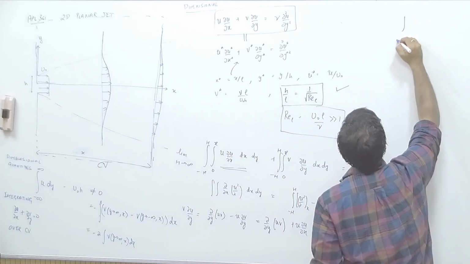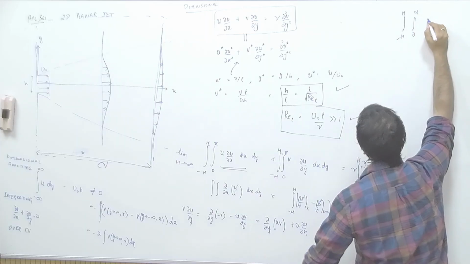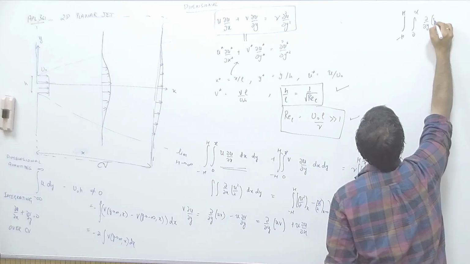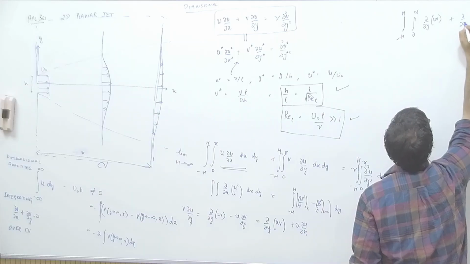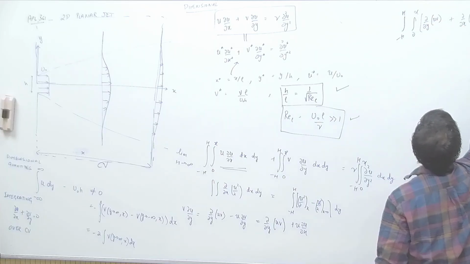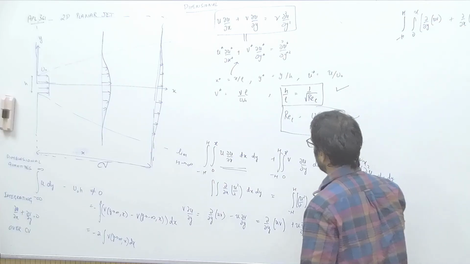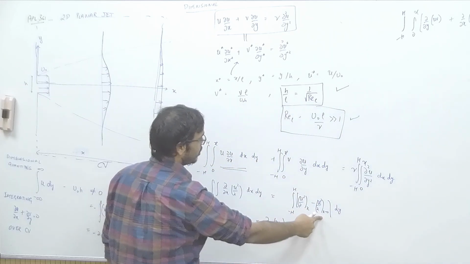So, we have integral from minus H to H, 0 to x, del by del y of u v, and then here you will have plus del by del x of u square by 2, dx dy. Okay. So, we will get another term of this value.